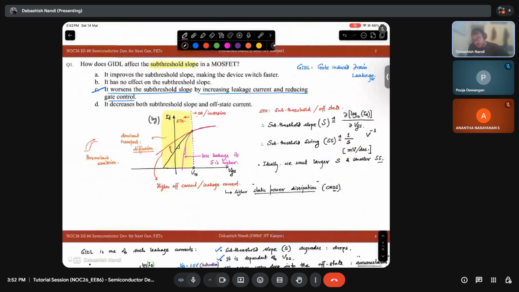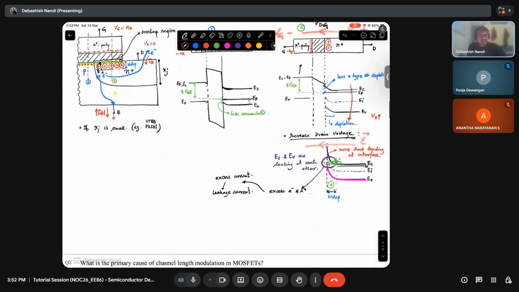Fine, so let's move on then. Mathematically, it is not very complex, but I am trying to avoid that. It will have some exponential dependence on the field and also proportional dependence on the field, right? I would suggest, if you are interested, you can read Professor Yannis Tsividis's book on MOS transistor modeling.